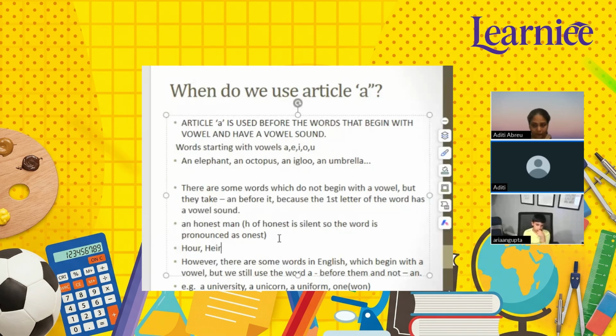Whenever the first letter is silent and we take the sound of the second letter, if that second letter is a vowel, then you will be using an before it. Is this clear? When will you use an?